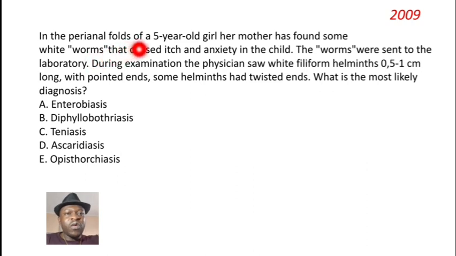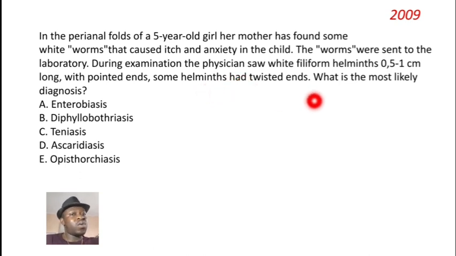In the perianal folds of a 5-year-old girl, her mother has found some white worms that cause itch and anxiety in the child. The worms were sent to the laboratory for examination, and the physician saw white filiform helminths 0.1 to 1 centimeter long with pointed ends, and some helminths have twisted ends, right?